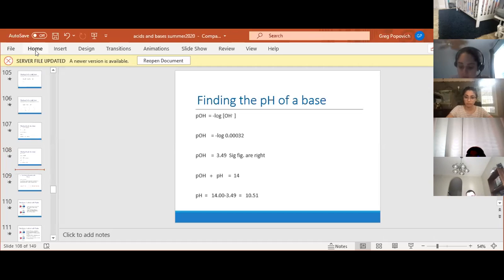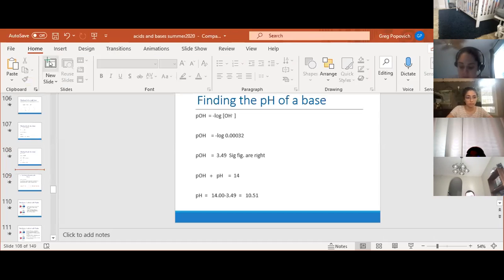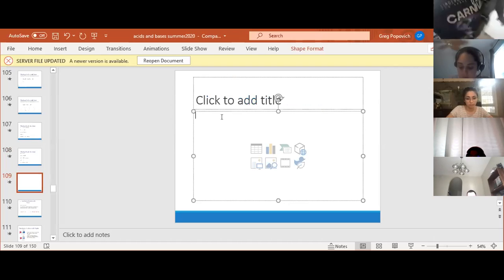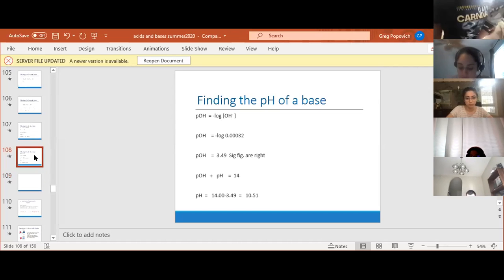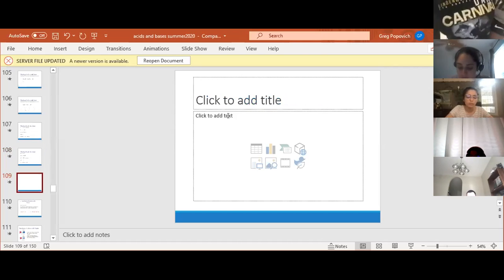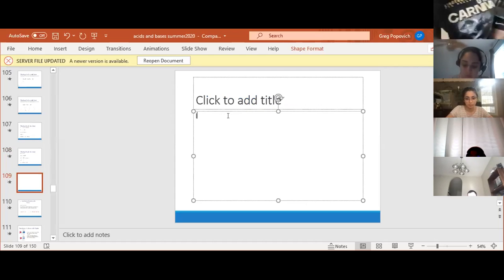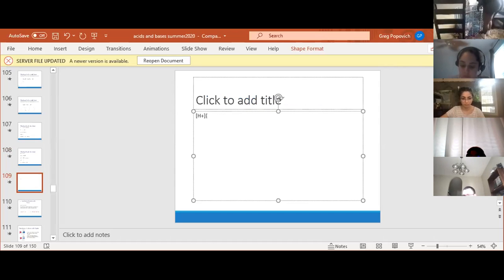You can also do this by taking, let's see. I want to go home and insert new slide. Remember, my concentration of acid, H3O plus, times my concentration of OH minus equals 1 times 10 to the negative 14.